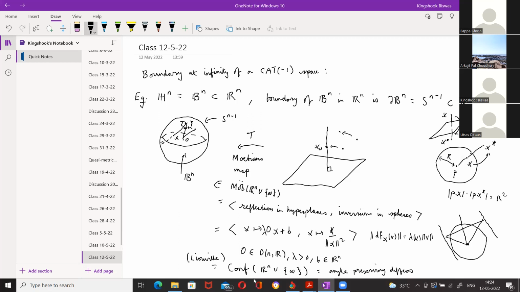So therefore, this straight line through the origin will go to a circle in the upper half plane. And this straight line through the origin meets the boundary here at right angles, and Mobius maps preserve angles. So therefore, this circle will meet the boundary here at right angles.